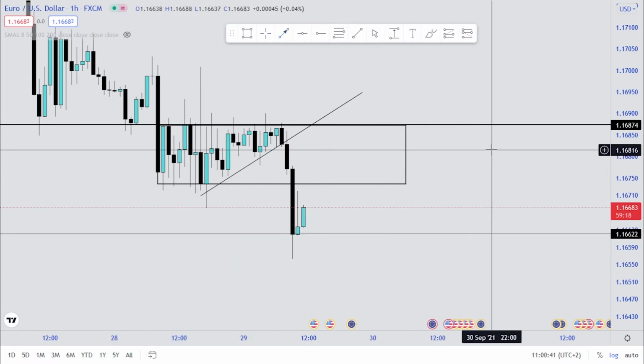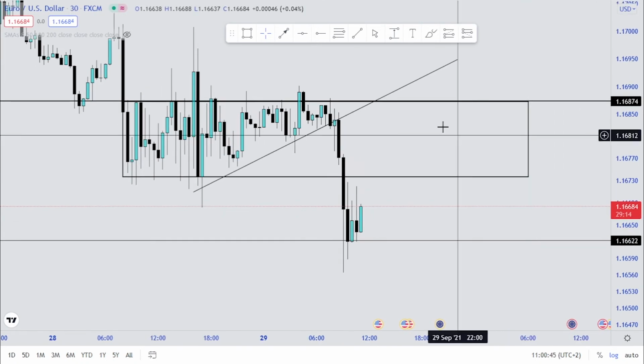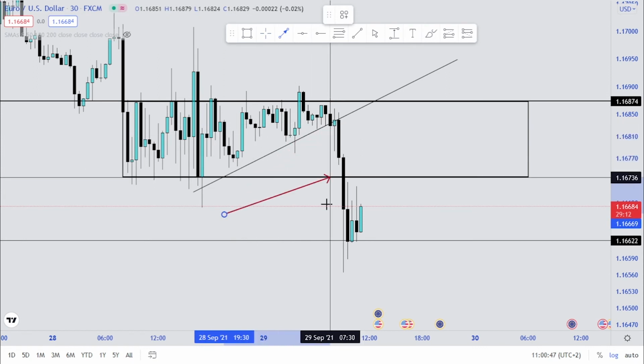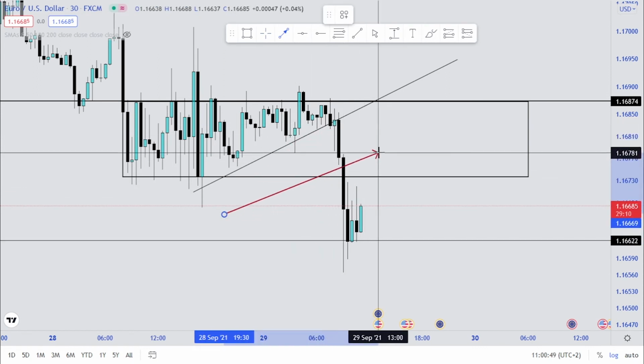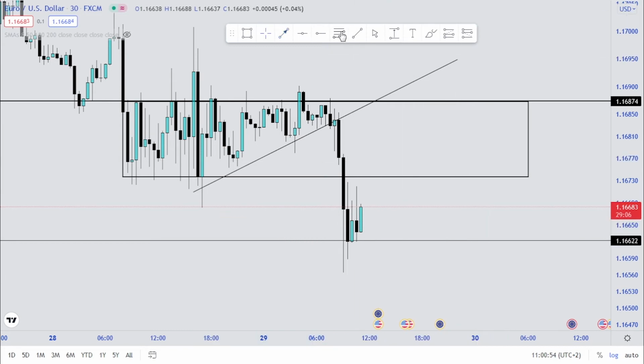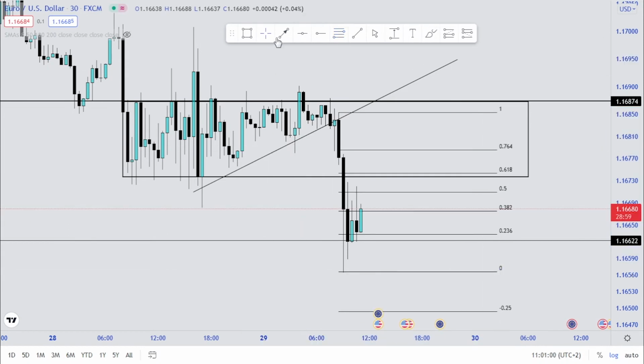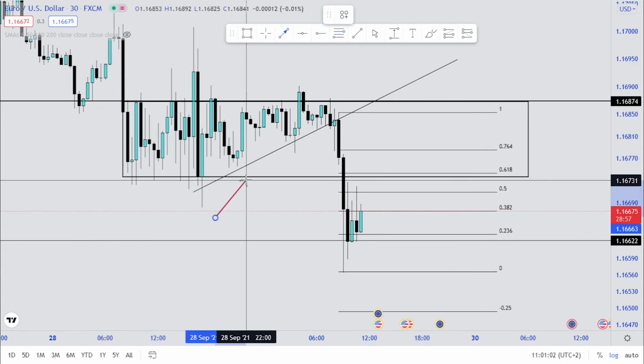So if we scale into our 30 minutes time frame, what you guys can see is that we are still bearish. So we can expect price to come and create a new lower high and then come and test this region again. So what I would most likely love to do is draw a Fibonacci from this high to this low, right? Now we can see that this box region can also act as a level of resistance.